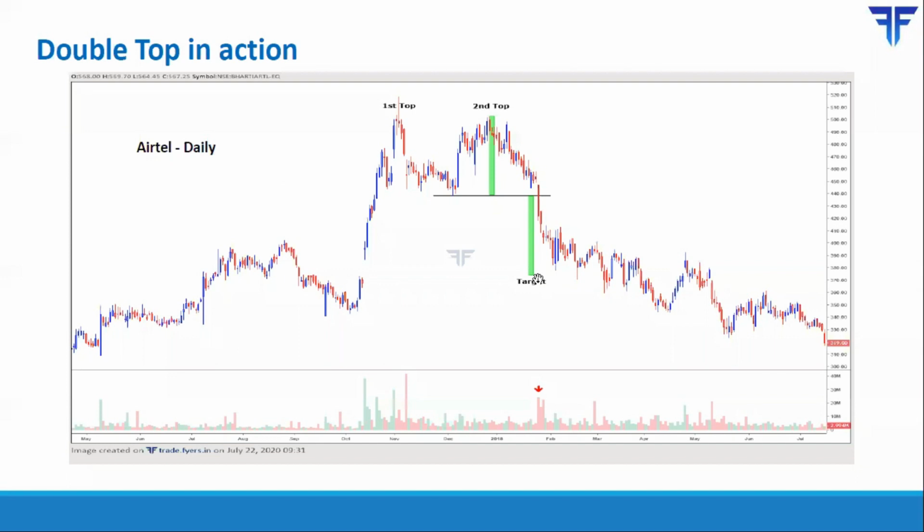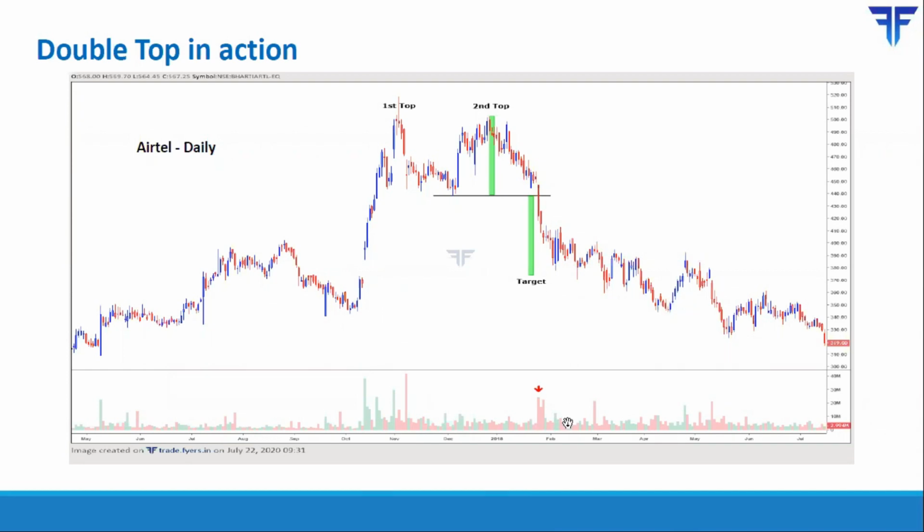And as you can see, price fell sharply going forward in time, and that minimum price objective was attained. What is important to notice is how the volume is panning out on the break. So when price is breaking below the neckline, you need to pay careful attention to volume. If there is an increase in volume, then that is a strong signal that sellers are taking control of the market. So if this breakdown is accompanied by an expansion in volume, then it increases your confidence that this particular pattern could work very well.